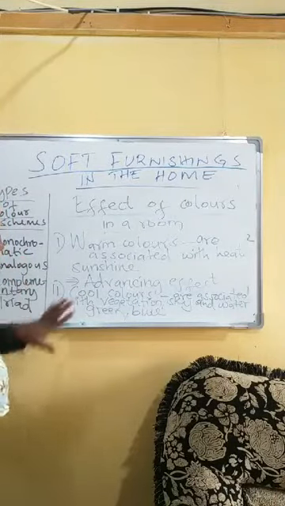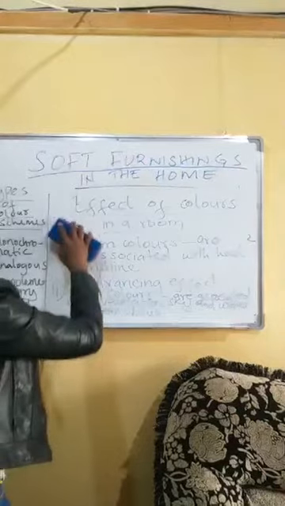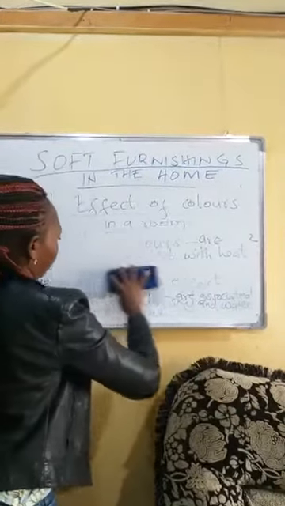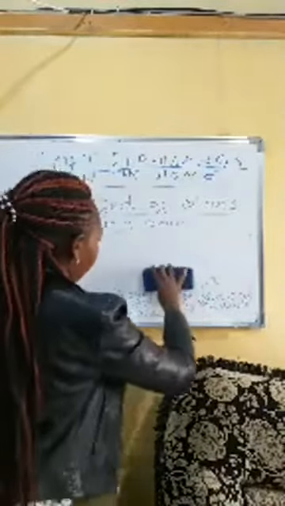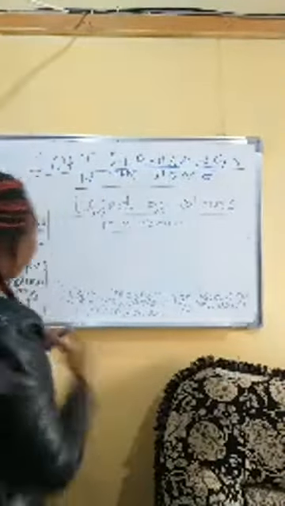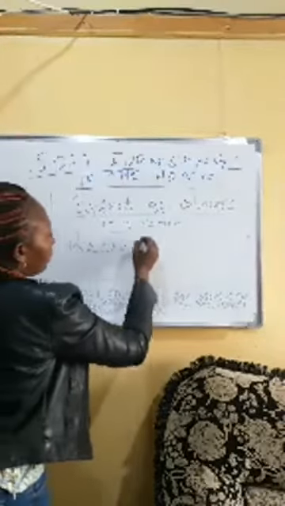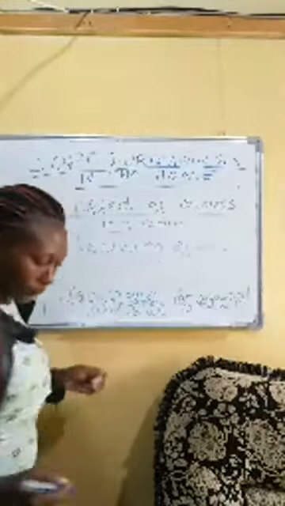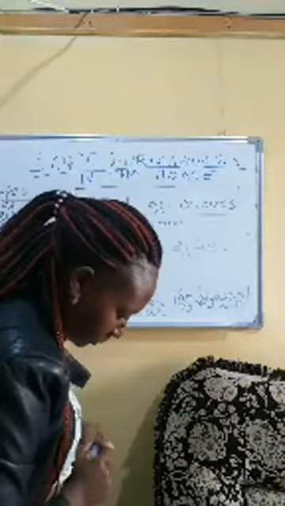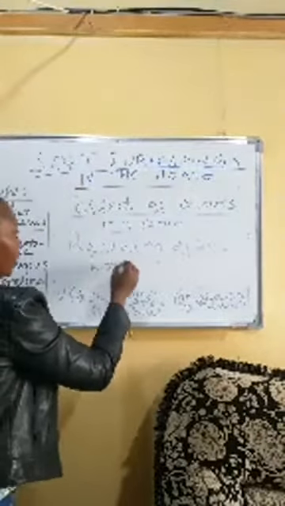And then they tend to have what we call a receding effect. Receding effect meaning they tend to make the room appear larger.